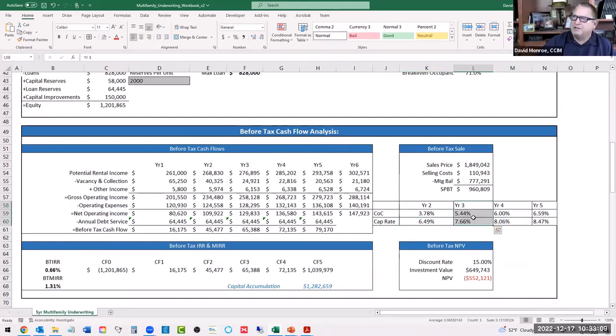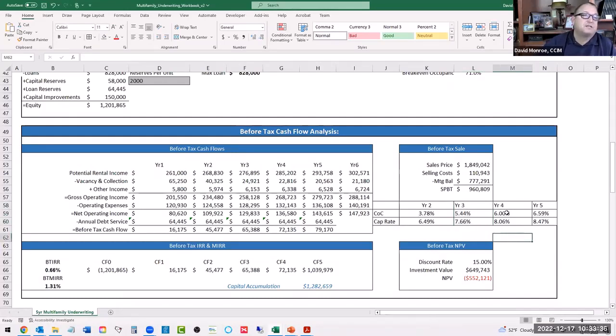At stabilization, can I have a 2% spread on that cap rate? So if market cap rate is 7, I'm looking for a 7. By year 3, when I'm stabilized, if I'm going to buy this on pro forma, I need year 3 to be at 9%. That's that 2% cost markup spread. Does that make sense? I'm going to show that again. It's going to be a little clearer when we get to the other financial model.